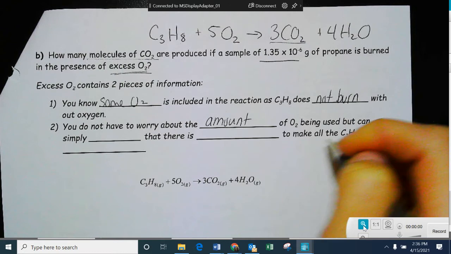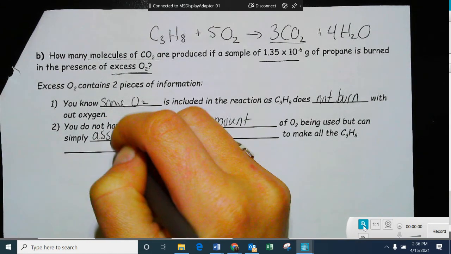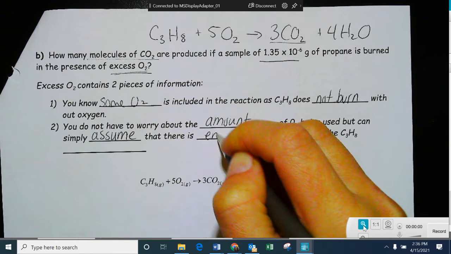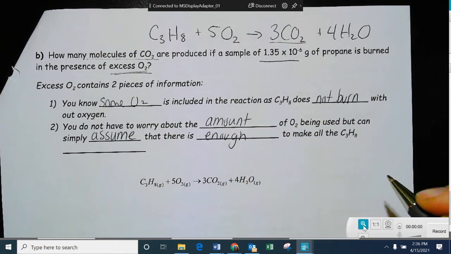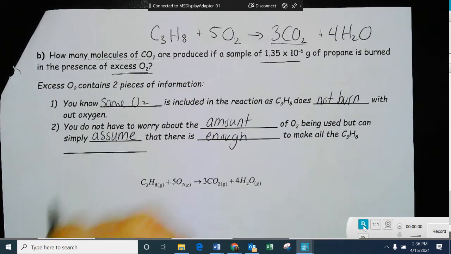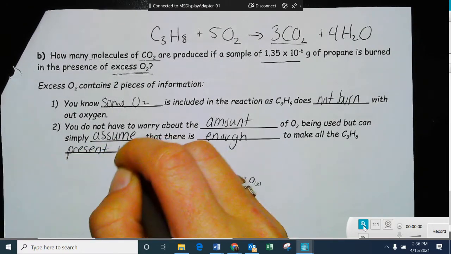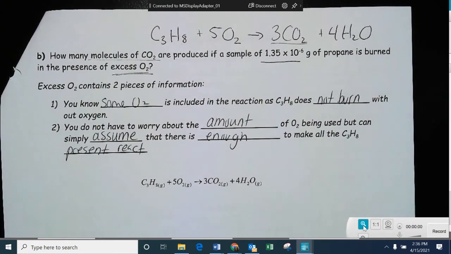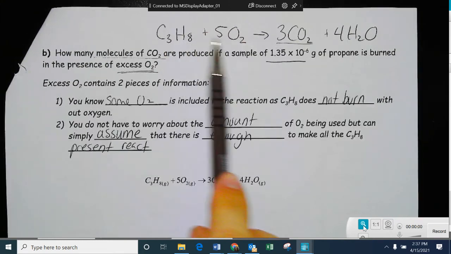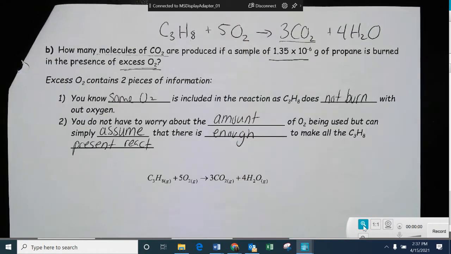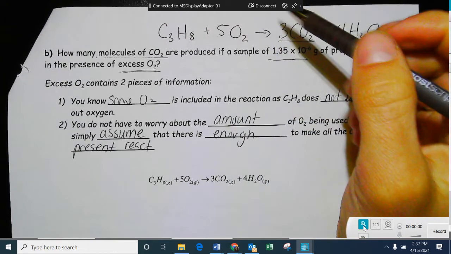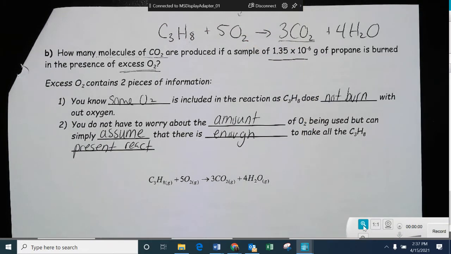So we can simply assume that there's enough to make all of that propane that is present react. So sometimes you'll be given the number of moles of this and the number of moles of this, and one of them is going to be limiting the other one, and you're going to have to figure out which one is which. This is just telling us there is so much oxygen, we do not need to worry about it.